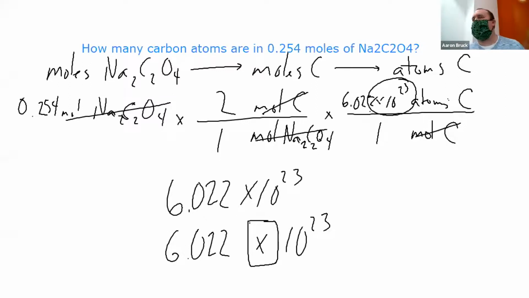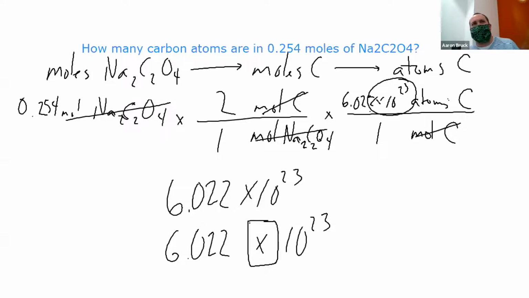We don't want that function to be put in, because here's the problem. As it's written right now, it's not that big of a deal because Avogadro's number happens to be in the numerator. But if this is in the denominator, what you're telling the calculator to do is to divide by 6.022 and then multiply by 10 to the 23rd. You'll end up getting the wrong answer, at least from an exponential standpoint.